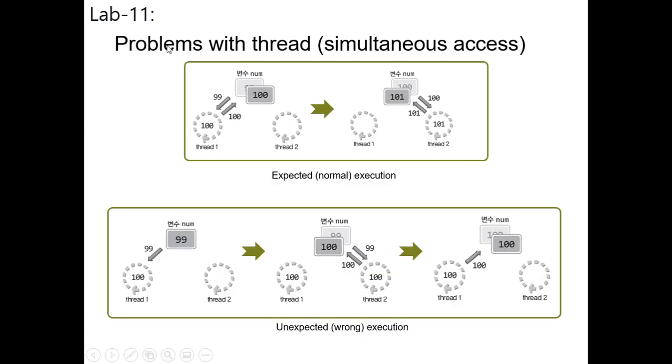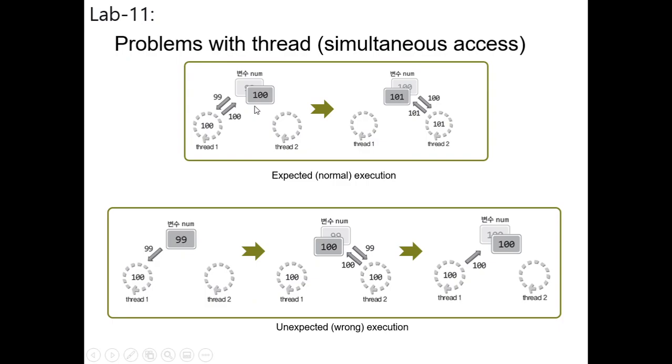Alright, there would be a problem when we use multiple threads that try to access the same global variable. We would have a problem of simultaneous accesses. For instance, if you try to remember, there would be just one global variable called num, and two threads will try to increment it at once.